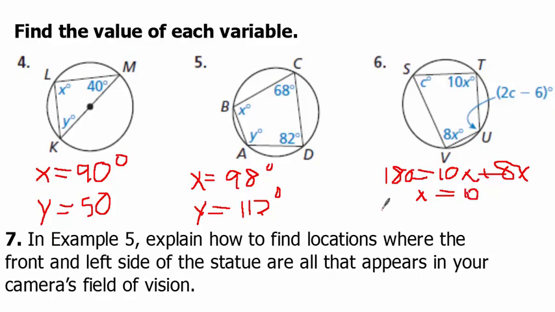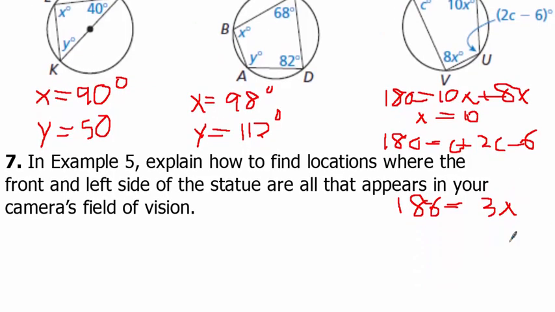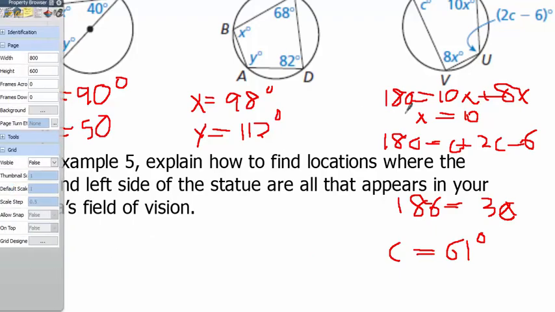And the other equation is going to be 180 equals c plus 2c minus 6. So that's going to be 186 divided by 3. Sorry, that's a c. So c is going to be 61 degrees.